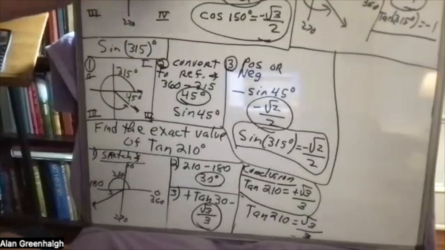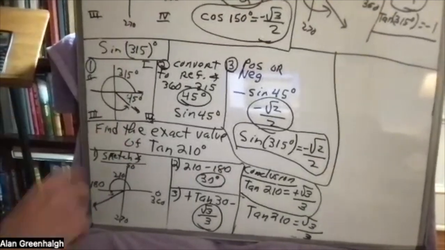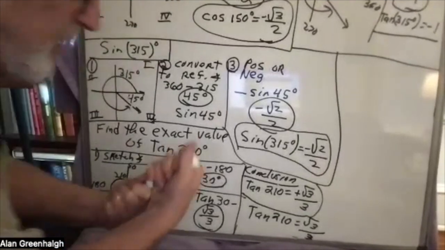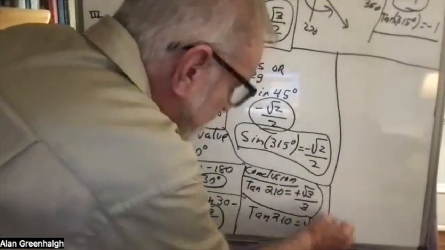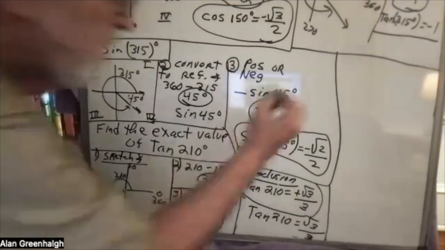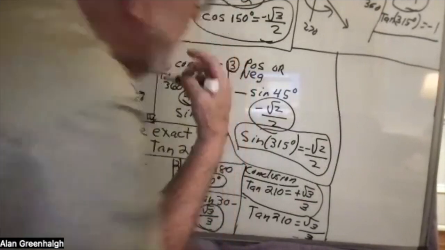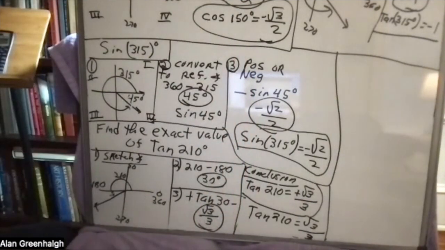So we have a lot of examples here. We have 1, 2, 3, 4. Let's do another one. Unless there's a question. Okay. So what have we done so far?